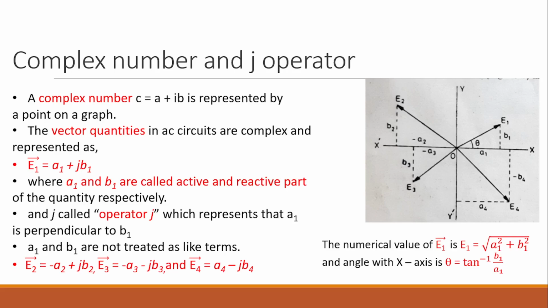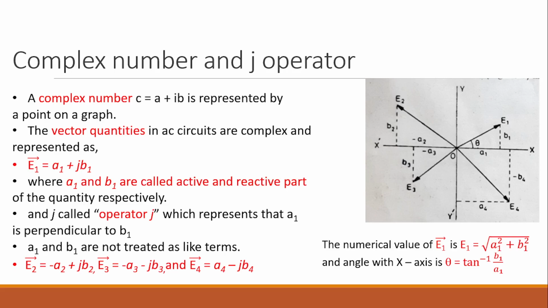Now what is the double operation of j? Please look at the figure here. So jE is perpendicular to E. When E is rotated in the counterclockwise direction by 90 degrees, then we obtain jE.